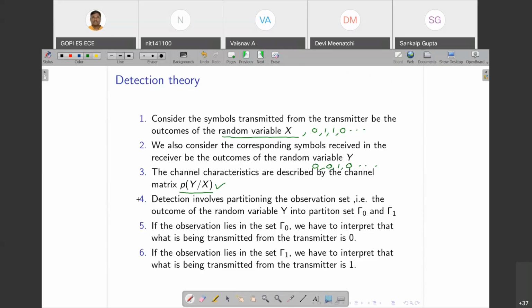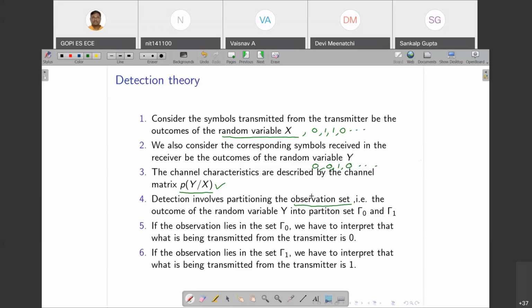Now this is a very important statement, the fourth one, detection. Setting up or designing this detector involves partitioning the observation set. This is a more general definition, because it is not necessary that Y is always discrete. In this case Y is discrete, but it could also be continuous. We will discuss that part after finishing this.